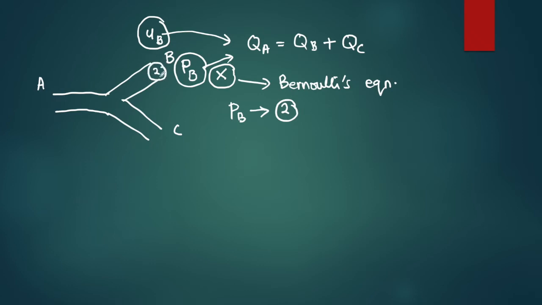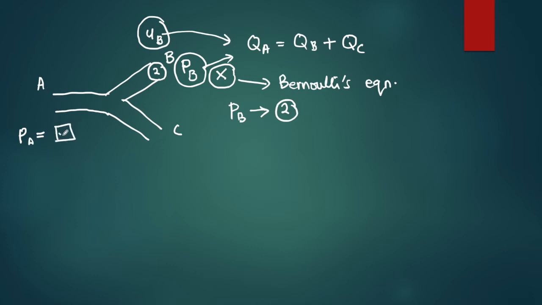So how can we determine point number 1? Is it at A or at C? From here, you have to see all the information for point A and point C. First, you check P. Is it given in the question?